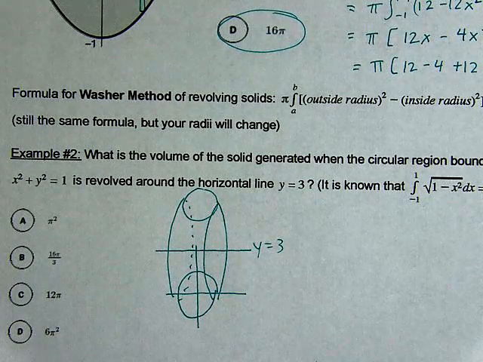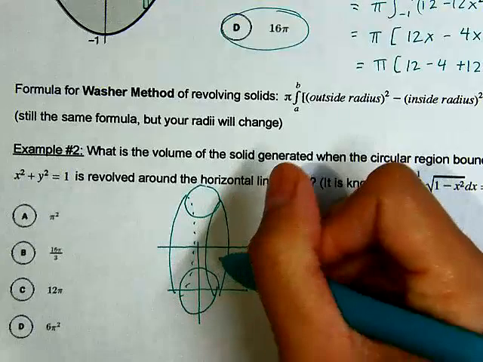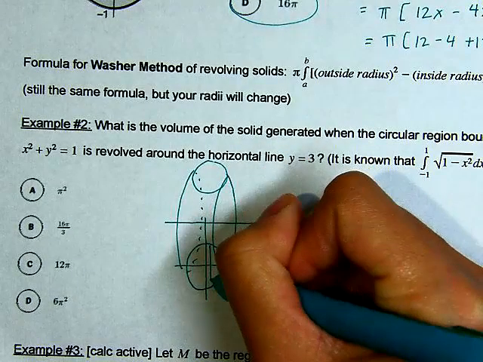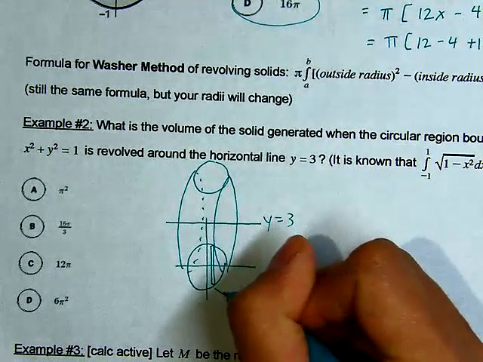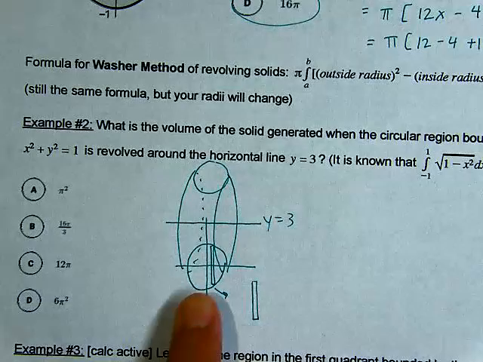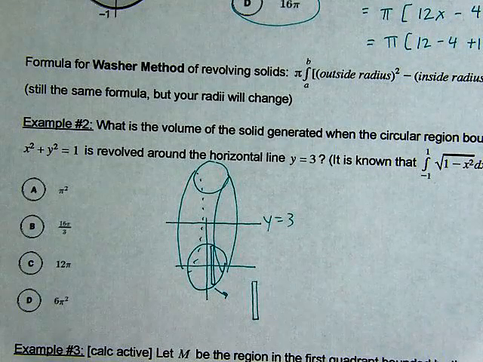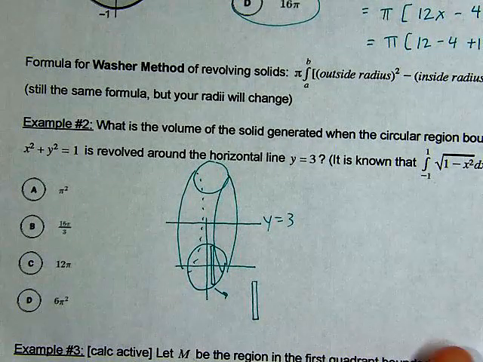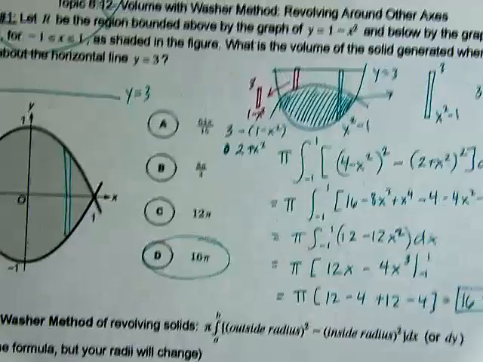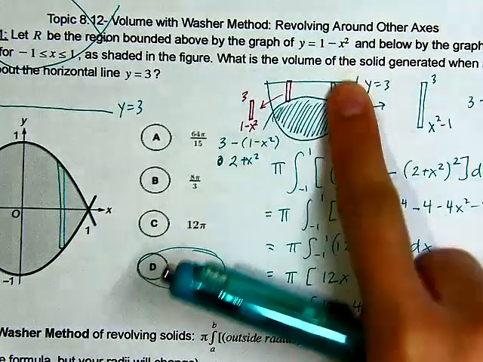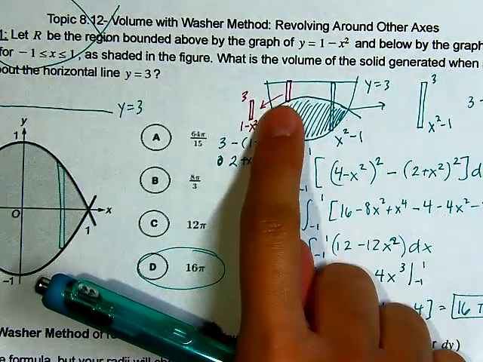Okay, so to help us, we need to find this slice right here in the circle. However, last time what we did is we found the larger slice here and we subtracted away the smaller slice. We're going to need to do the same thing here.